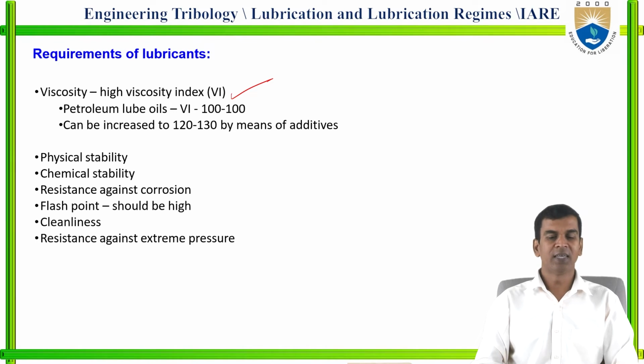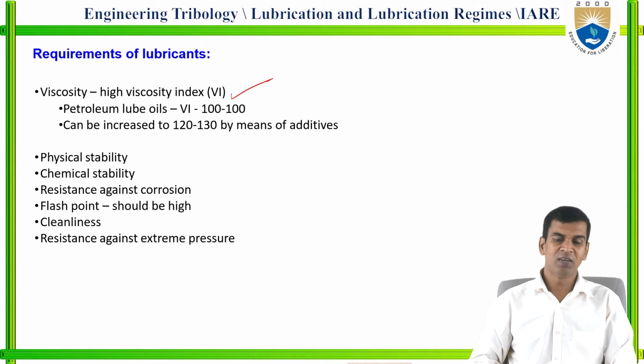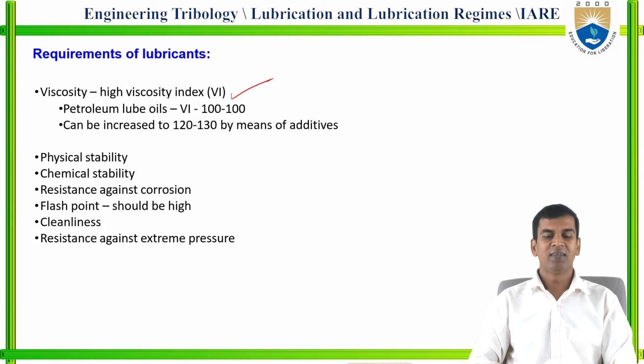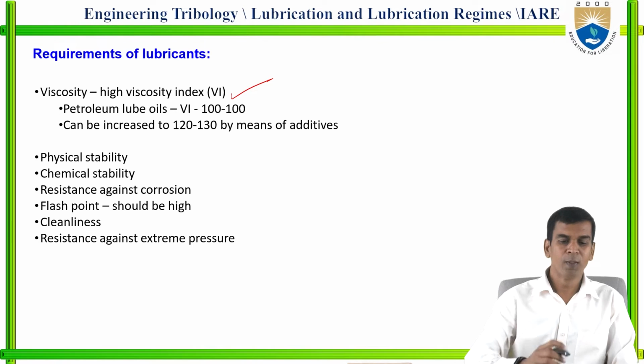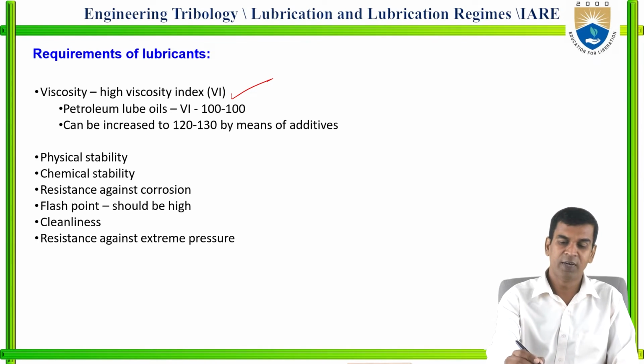Stability is required, and chemical stability is required. Physical stability means that when you apply loads and forces, it should remain stable. Chemical stability is required, and the resistance against corrosion is required. When we are using the lubricant, it should resist corrosion. Flash point should be very high for the lubricant, cleanliness is also required, and resistance against extreme pressure is required.